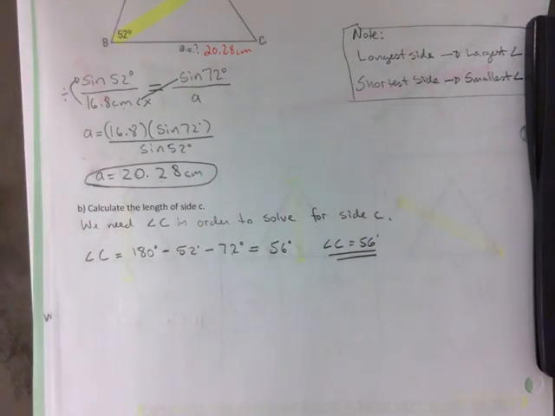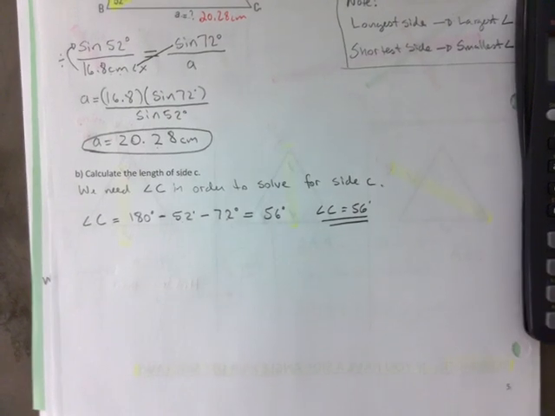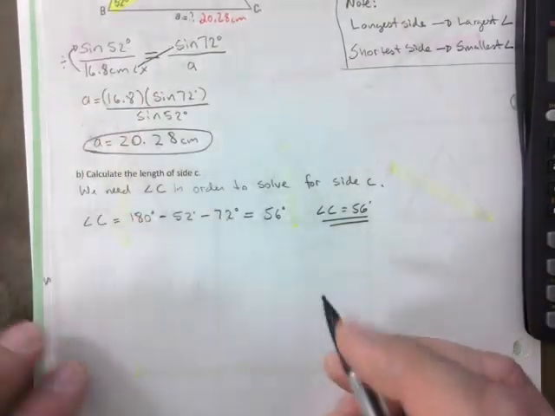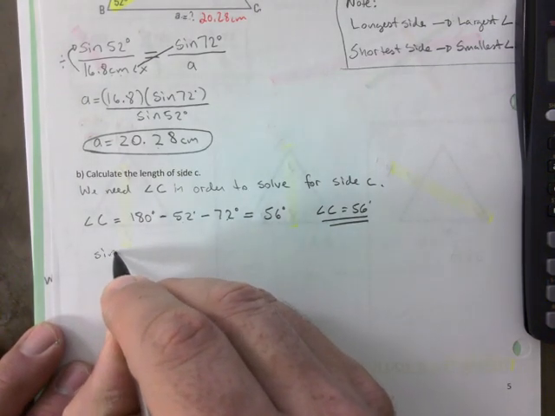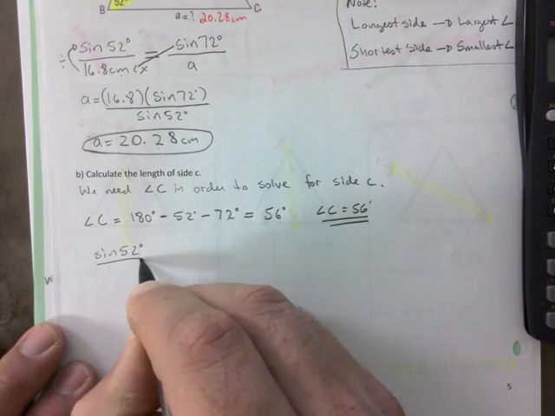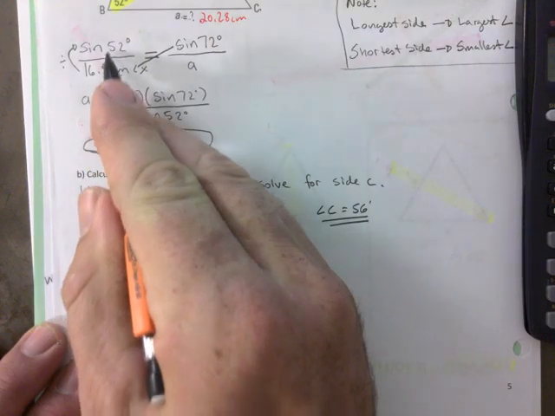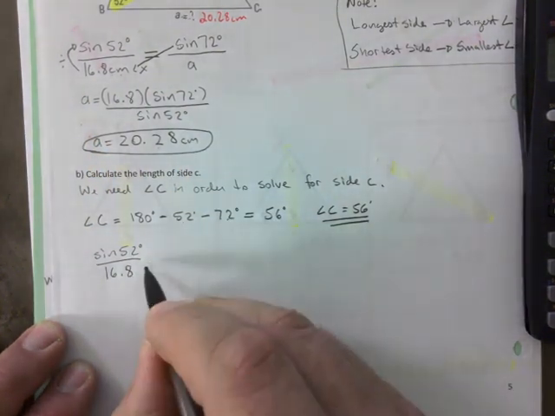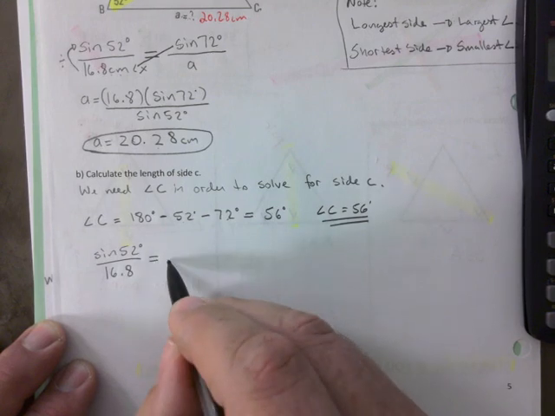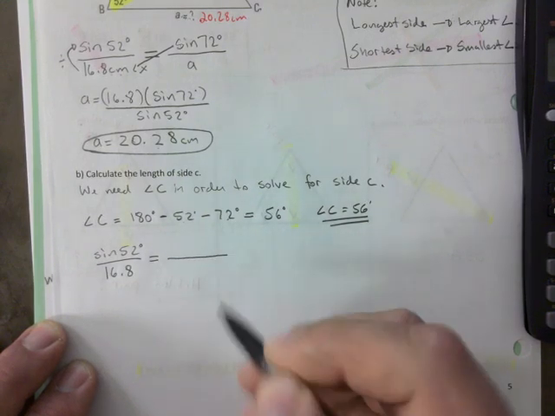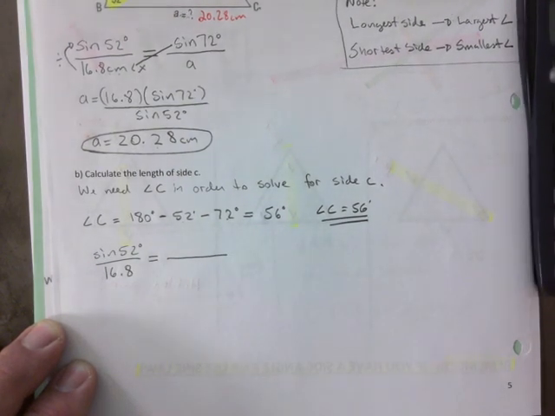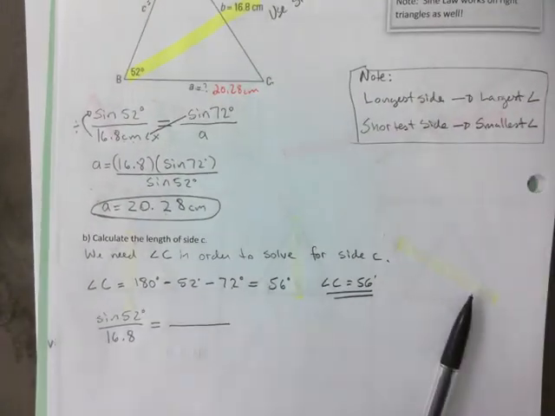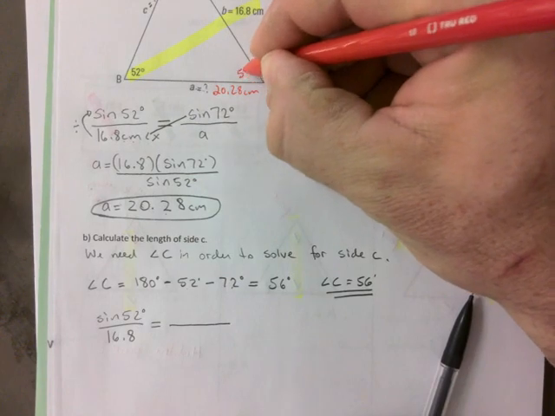And watch this. I'm going to start with the same pair as before because this never changes. So watch, I'm going to go sine of 52 degrees over 16.8 because this is a known pair to me that's given to me by the question. And then I'm going to go equals. Let's write in 56 in our triangle just so we know this is what we solved for.